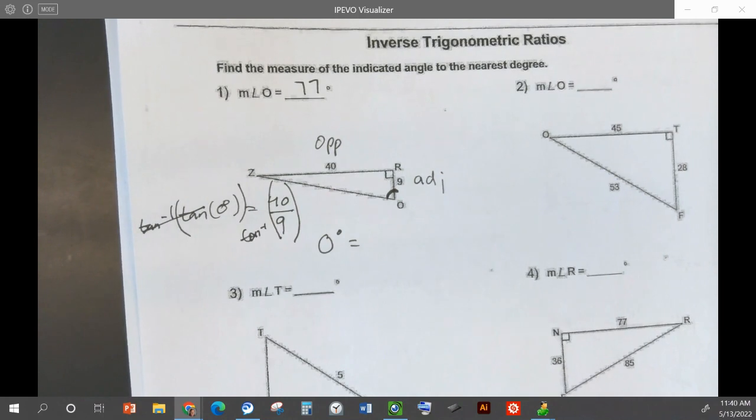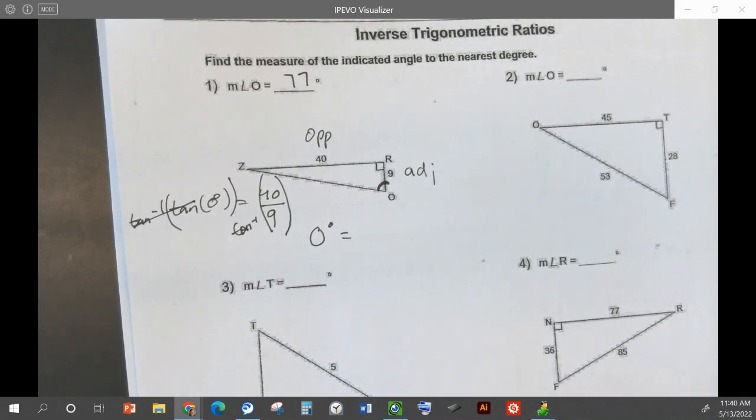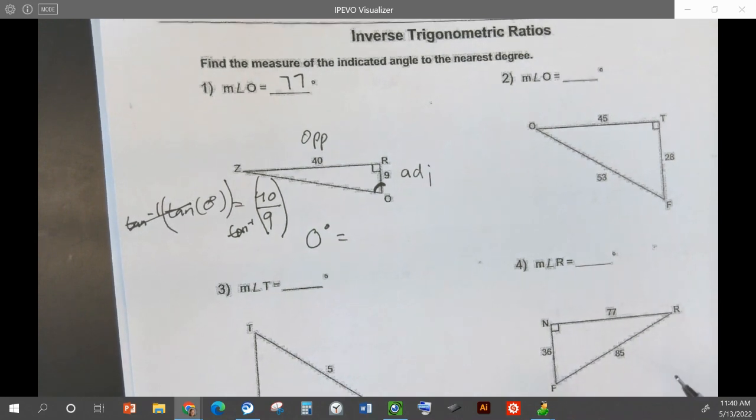Okay, we're going to do one more of our homework. Let's do just the next one over. Let's do number 2. So number 2 is different because all of the sides are labeled. So you have to be careful about labeling the sides.